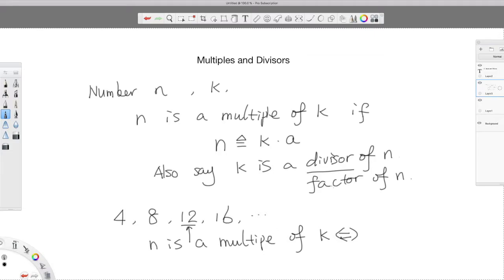Then it's a multiple of k if and only if the remainder is 0. Correct? We all know this. So let's look at a few simple examples to remind ourselves how those simple things actually work.